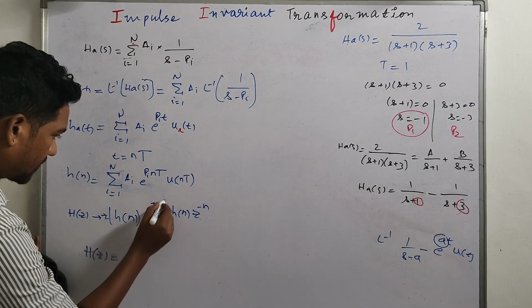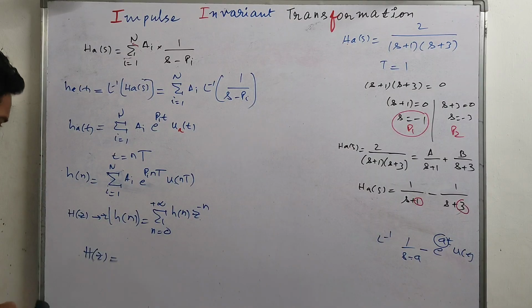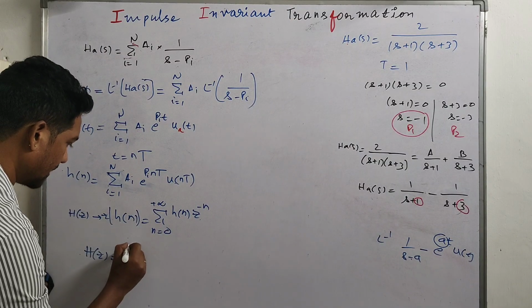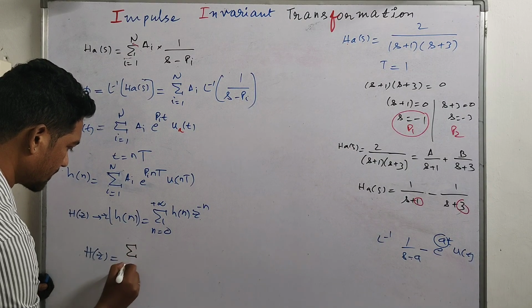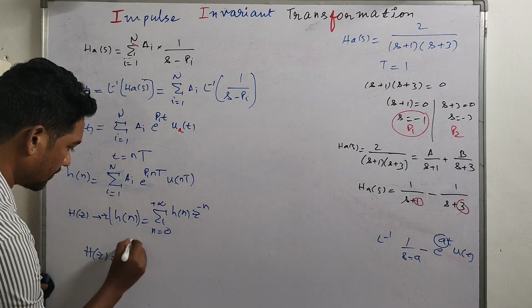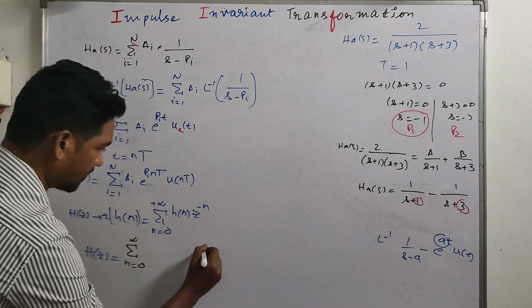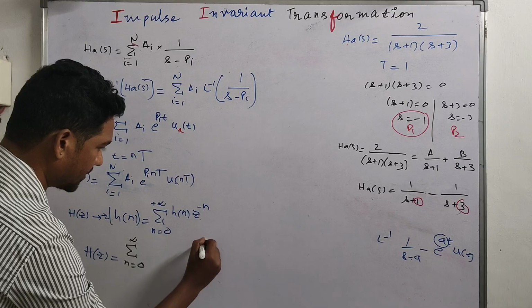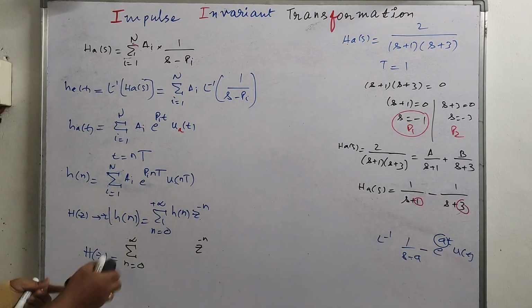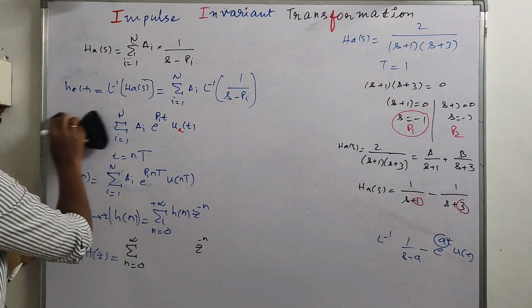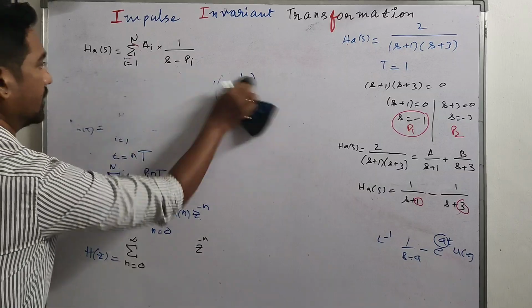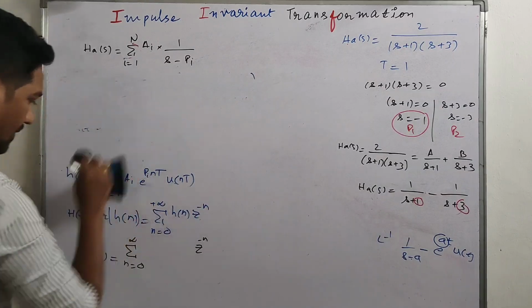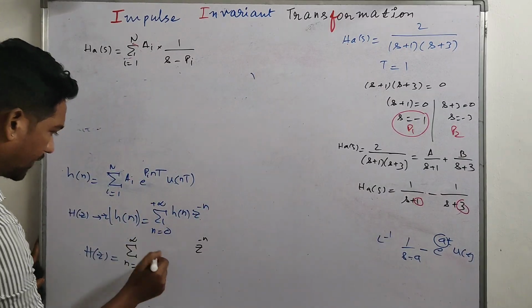So we have this one summation. Watch carefully over here. This summation comes down as it is. This summation, which is n equal to 0 to infinity, h(n) is multiplied with z raised to minus n. What is h(n)?